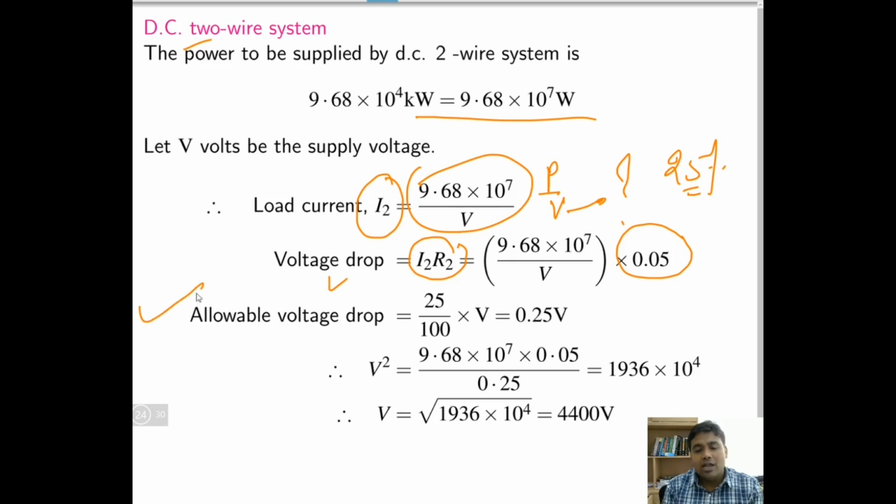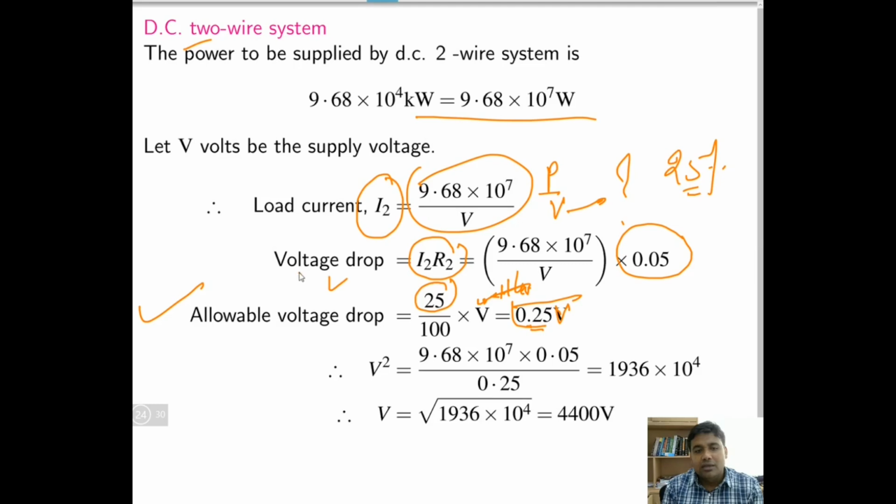Also you know that the allowable voltage drop is 25%, so you get 0.25 into V. Then you can have the product V square if you equate the voltage drop.